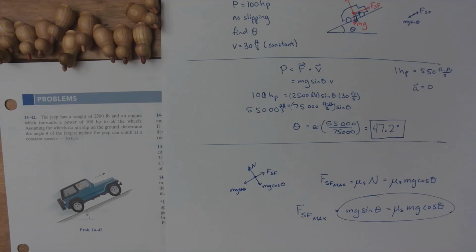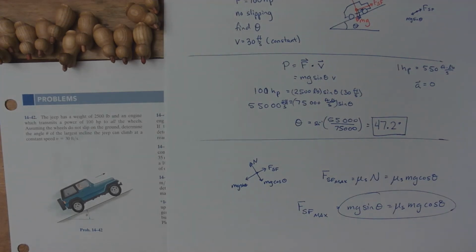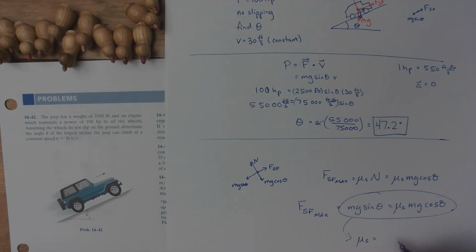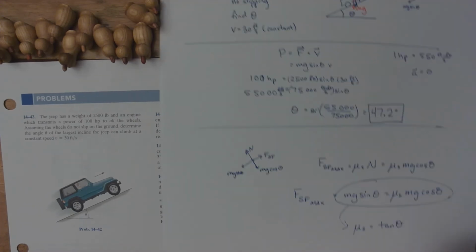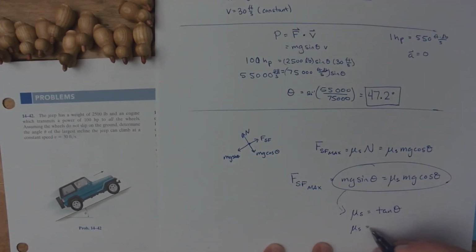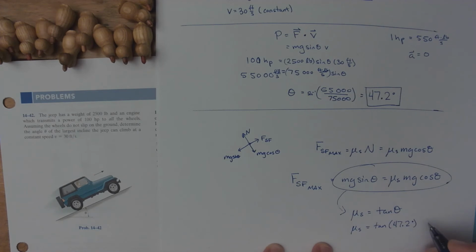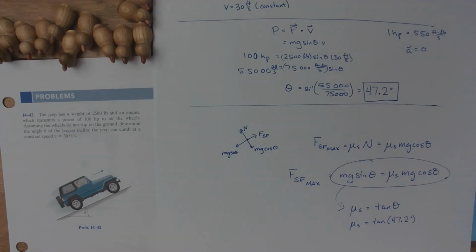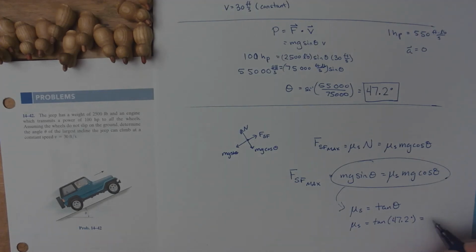So then taking what we have here and solving for the coefficient of static friction, we have the coefficient of static friction is equal to sine theta divided by cosine theta, which would be tangent theta. Using the angle that we have here, that would be the coefficient of static friction is equal to the tangent of 47.2 degrees, and that gives us 1.0799, which is a bit of a problem.